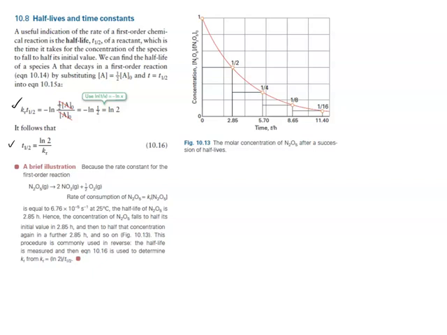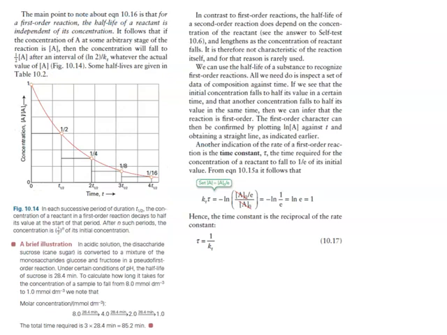This is a fairly straightforward thing we've done quite a bit at the end of second semester Gen Chem, but it's worth revisiting. Also take a note of figure 10.13, where you can see the molar concentrations of N2O5 after a succession of half-lives. The main point to note about equation 10.16 is that for a first-order reaction, the half-life of a reactant is independent of its concentration.